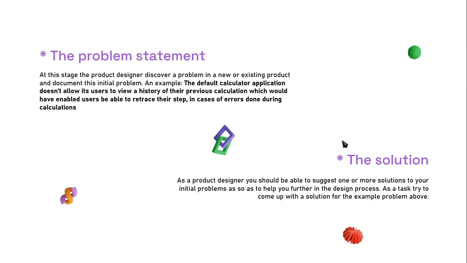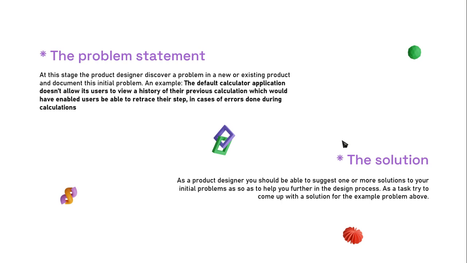Maybe you want to cross-check or retrace your steps in case of errors. Some calculator applications do show this, but not all. You get the point. It's a sample problem.